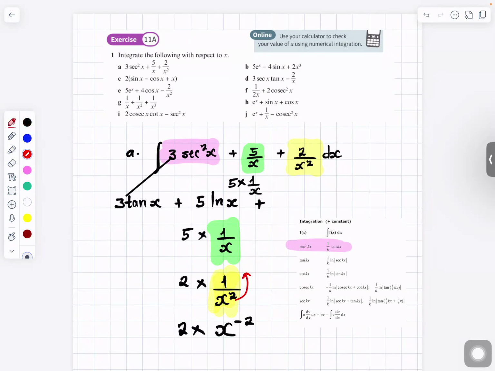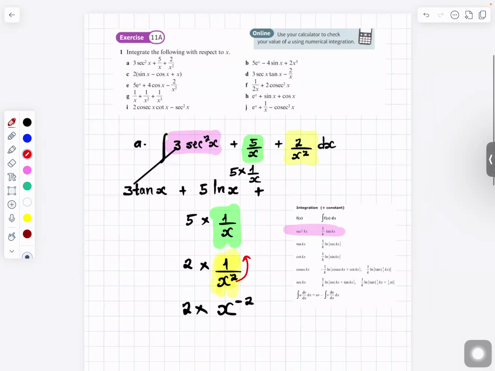And then when you integrate, the formula is: add 1 to the power, divide by the new power. The power is minus 2, so we add 1 to it, it becomes minus 1, and divide by minus 1. So that becomes 2 times x to the minus 1 over minus 1, which will be minus 2x to the minus 1. And you can bring the x to the minus 1 underneath. It becomes minus 2 over x.